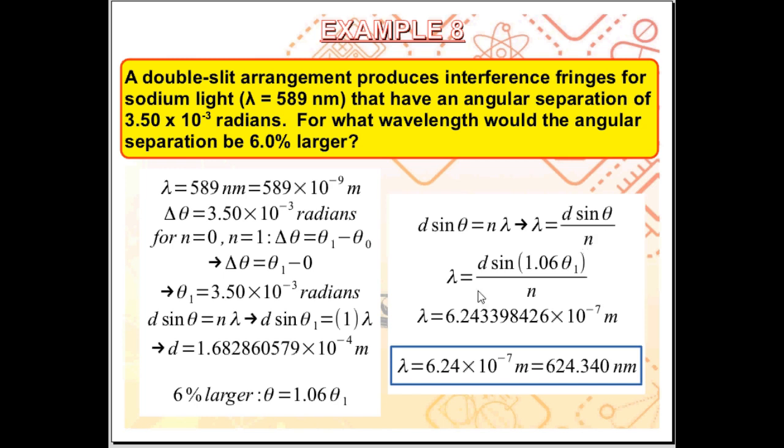Replace theta by 1.06 theta 1, and the equation will now be complete. We'll be able to calculate the wavelength of the second light. The second light now will have a wavelength of 6.24 times 10 to the negative 7 meters. So if we use this wavelength, the angular separation will be 6% larger.